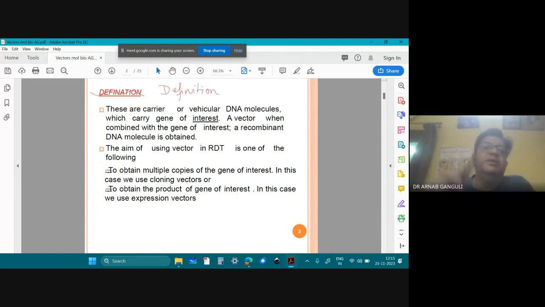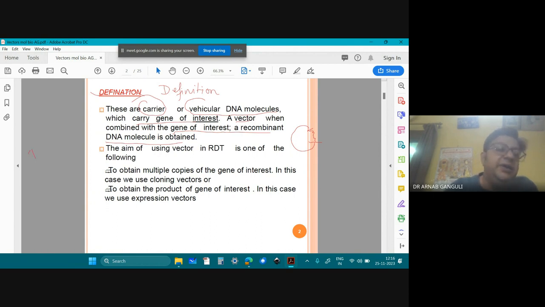So, what are they? Carriers. Vahak or vehicular DNA molecules which carry a gene of interest. So, like a plasmid which carries a gene of interest. A vector, when combined with the gene of interest, gives a recombinant DNA molecule.